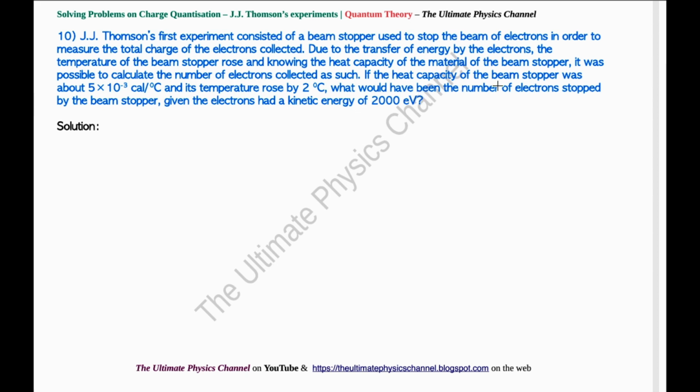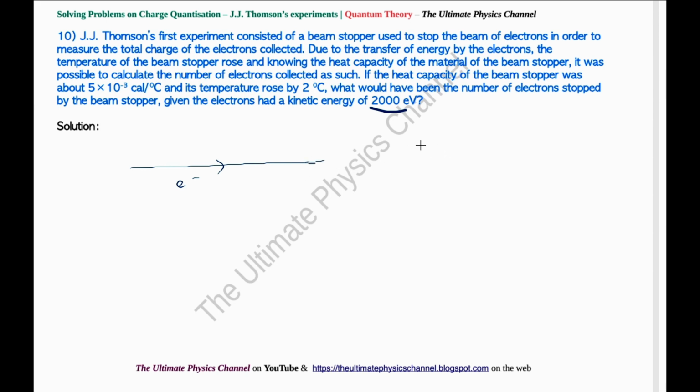If the heat capacity of the beam stopper was about 5 times 10 power minus 3 calories per degree centigrade, and its temperature rose by 2 degrees Celsius, what would have been the number of electrons stopped by the beam stopper, given the electrons had a kinetic energy of 2000 electron volt?